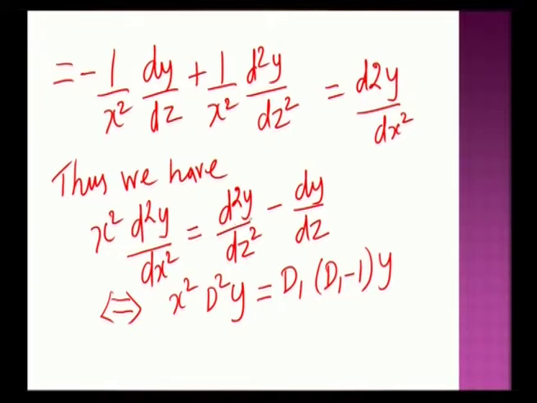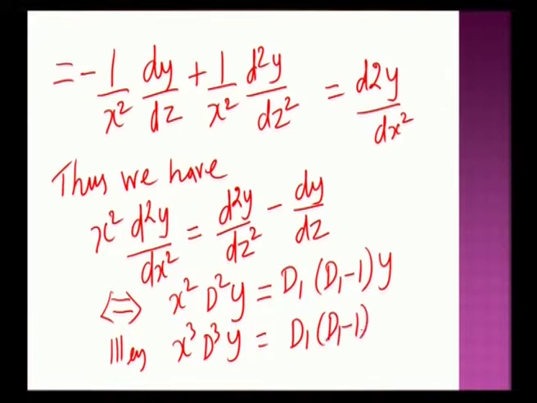So, D1 square y minus D1 y. Here one D1 is taken common, so that expression will reduce to D1 into D1 minus 1 into y. Similarly, we can write for x cube D cube y, which is equal to D1 into D1 minus 1 into D1 minus 2 into y, and so on.